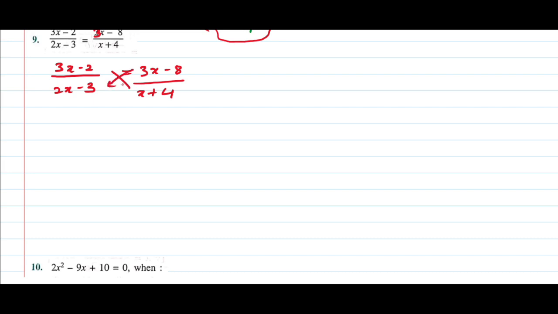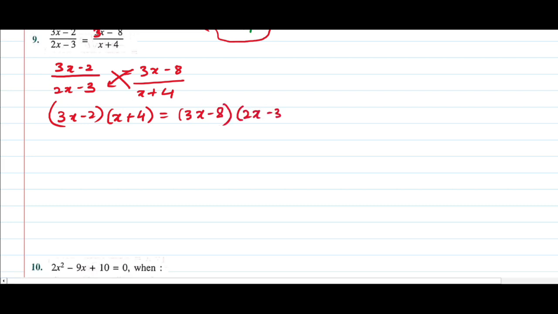I'll write here one more time: (3x minus 2) into (x plus 4) is equal to (3x minus 8) into (2x minus 3).